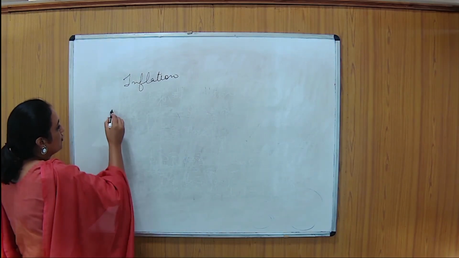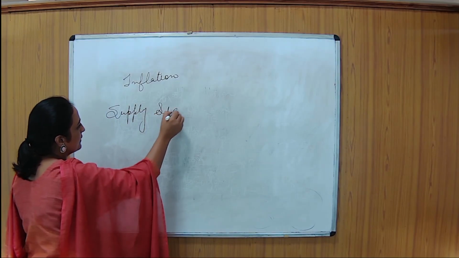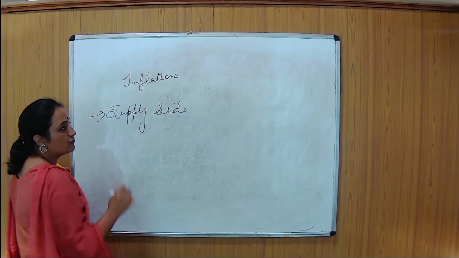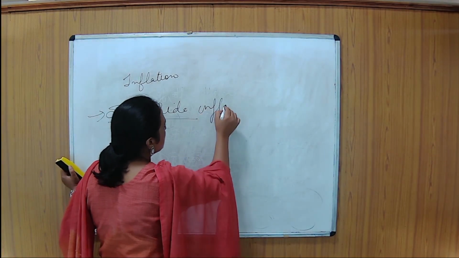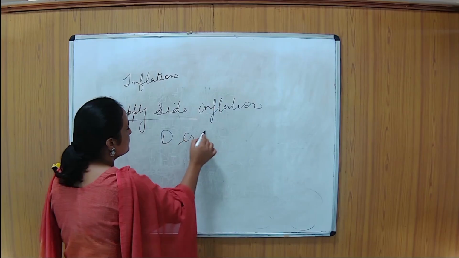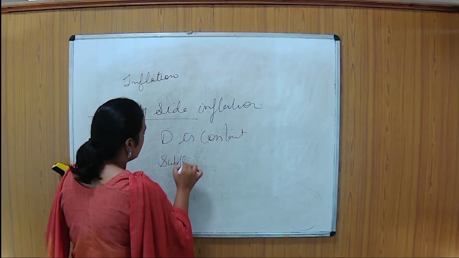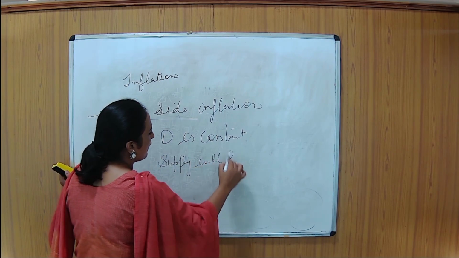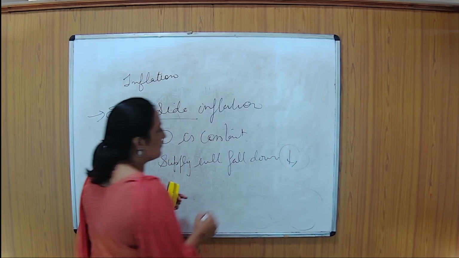Okay. So supply side inflation here, this inflation may occur when demand is constant and supply falls down. It means supply will decrease.